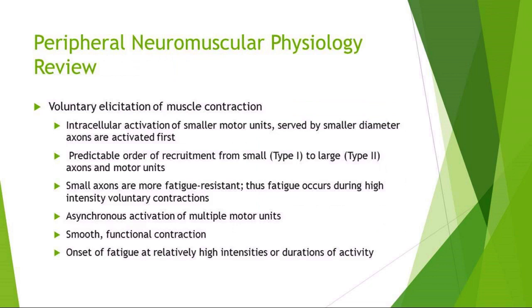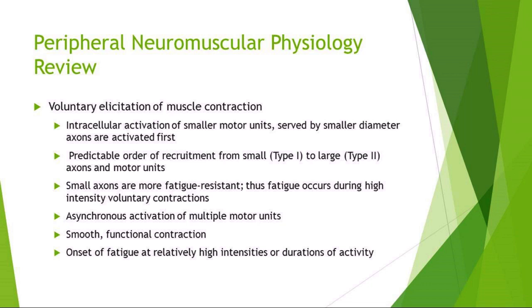So just to review, when we voluntarily are trying to elicit a muscle contraction using our brain and our nervous system, we activate smaller motor units of muscle, and those smaller motor units served by smaller diameter axons are activated first. So that's the first thing that happens.